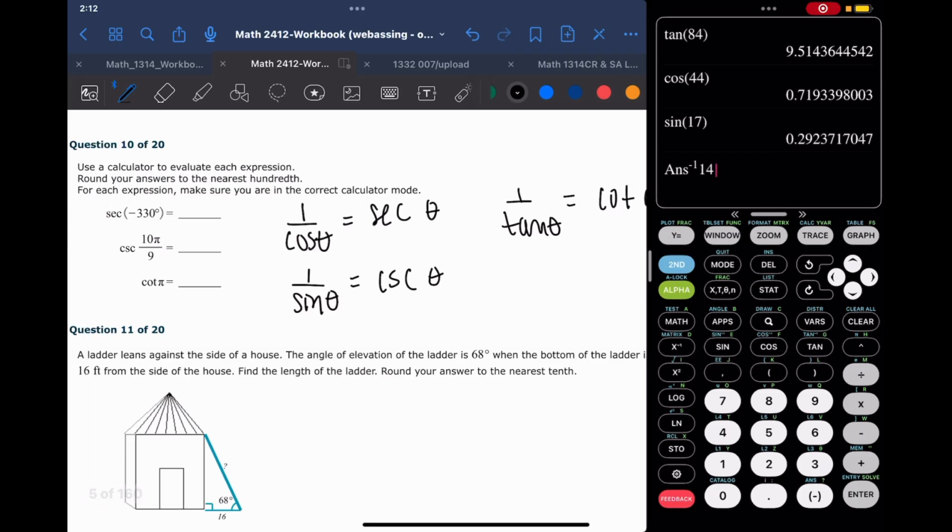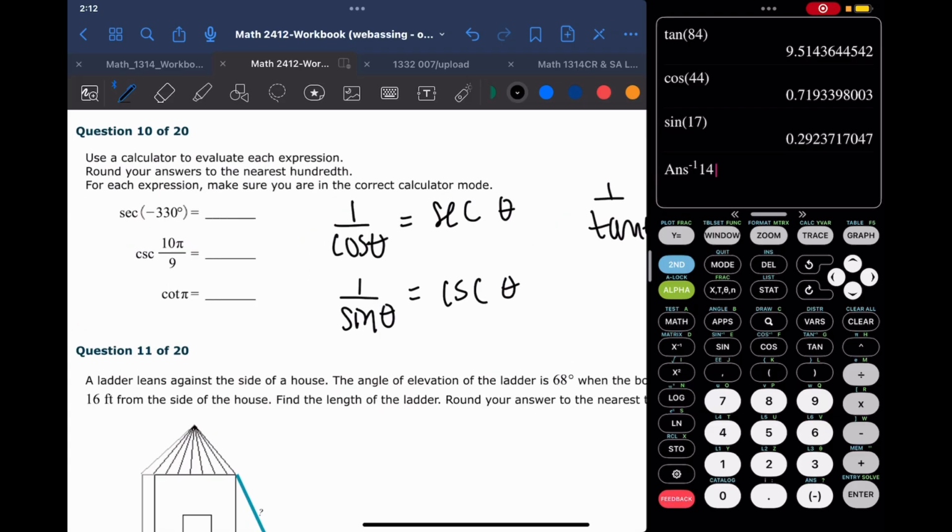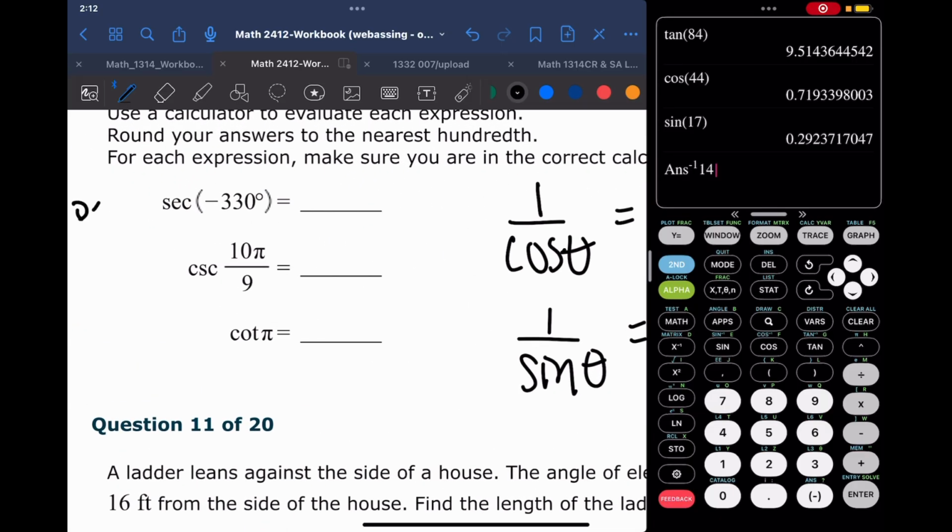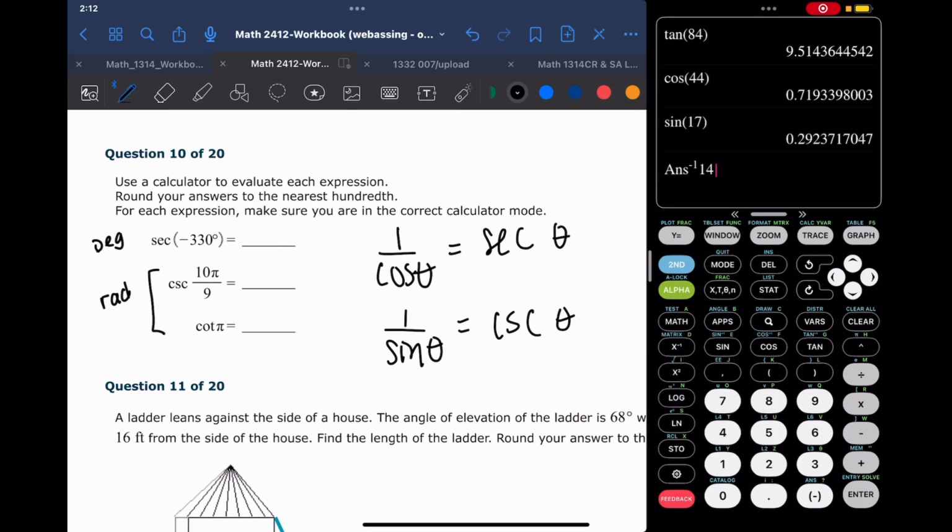So we're just going to make sure we have the correct ones. Remember, this first one is degree, and these other 2 are radians, so we're going to have to change that in our calculator.